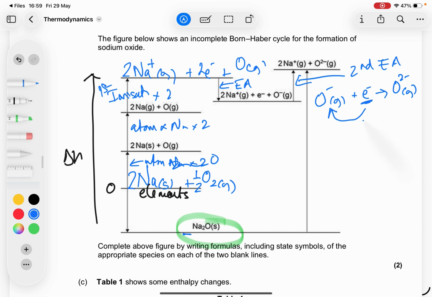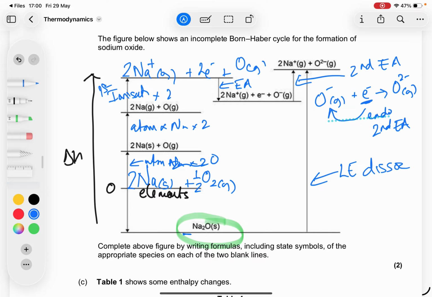So you need to add energy, or you need energy to add the electron. That's endothermic. So the second electron affinity is always endothermic. And then this arrow here is lattice enthalpy of dissociation.